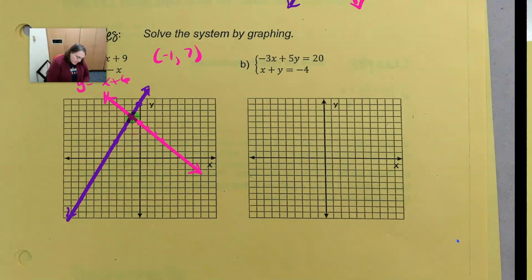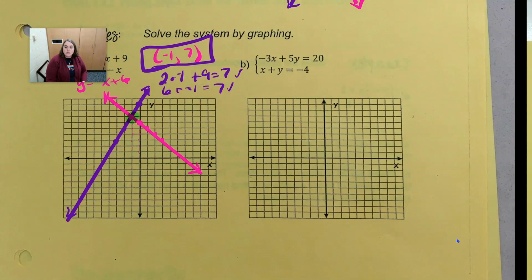So let me check that. 2 times negative 1 plus 9 is 7, and 6 minus negative 1 is 7. So they both check. Remember, the solution is the point, so you've got to write that point.